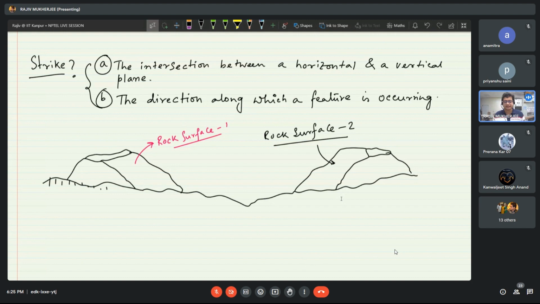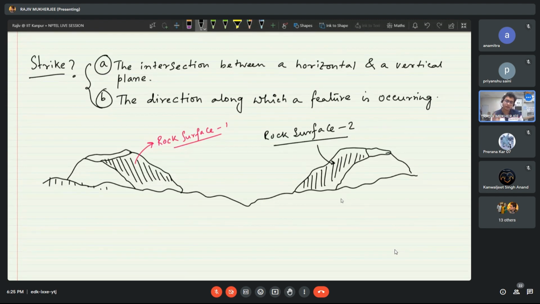Now the point is how they could correlate these rock surfaces geometrically, right? So for that they need data. Of course, they have encountered this plane, so they would like to measure this plane, right? But what sort of data would they take?